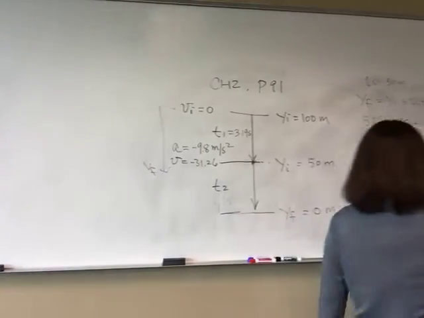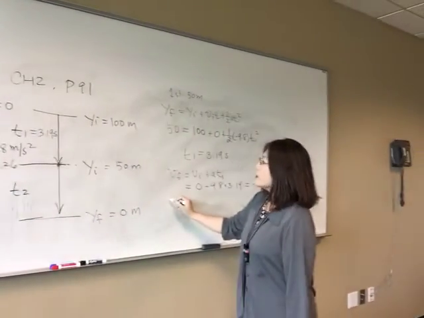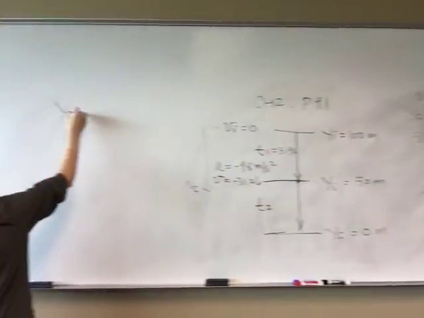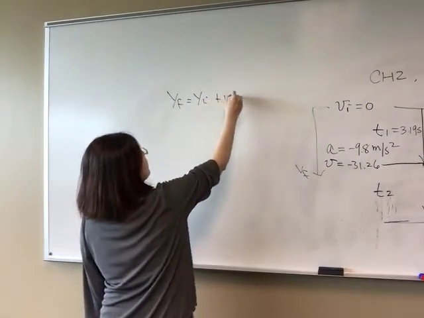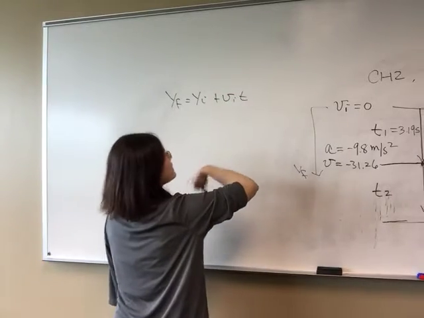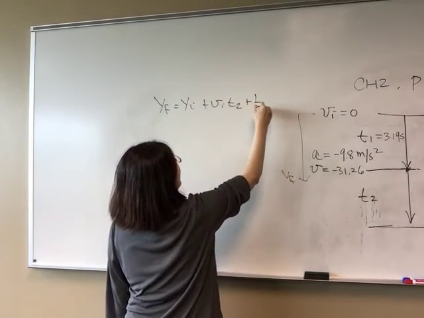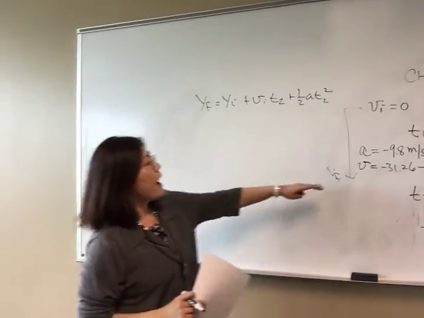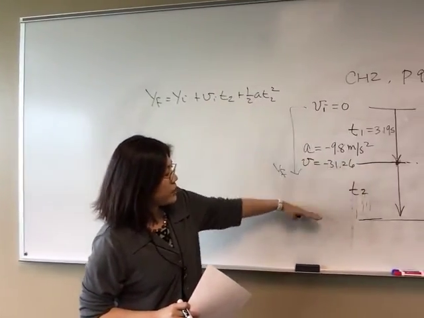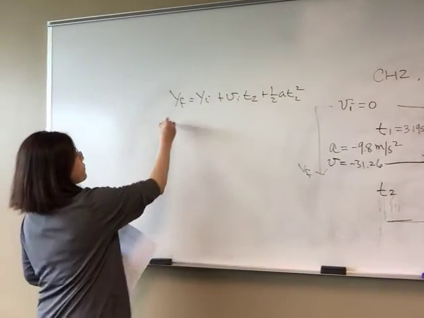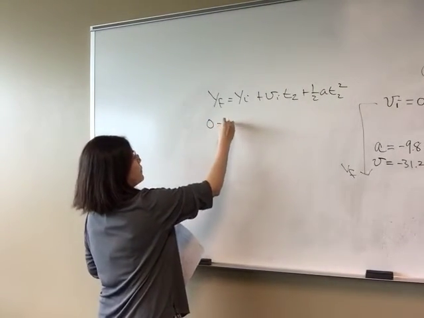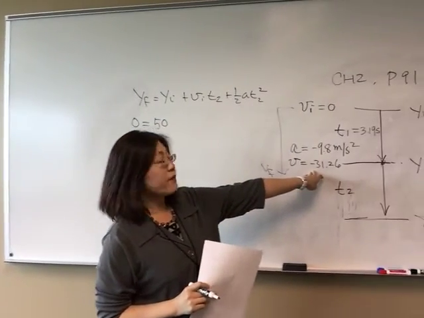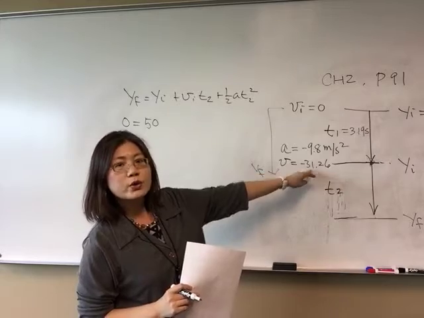So I'm going to set the equation like this. You have your YF, which is equal to YI, the initial height, plus initial velocity times T2 plus 1/2 a T2 squared. Okay, so if you're looking from this point to that point, your final height is 0, your initial height is 50, and the initial velocity, which we just calculated at this point, is negative 31.26.